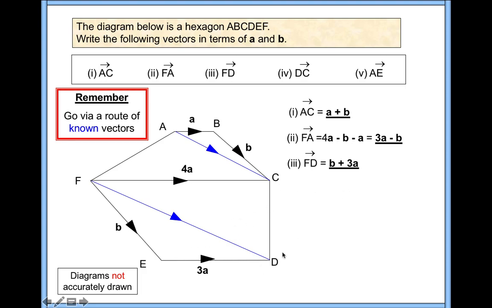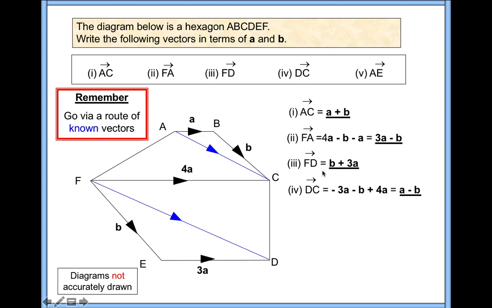So vector DC is going to be vector DF plus vector FC. Vector FD you already found out, so you apply that value first.